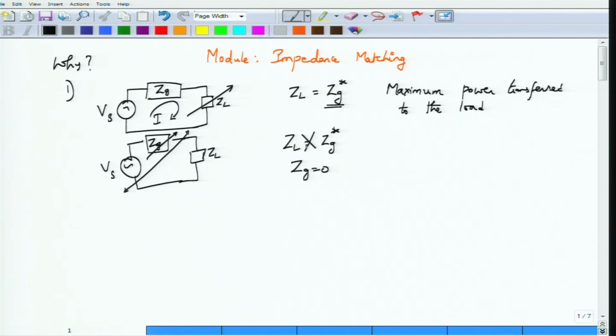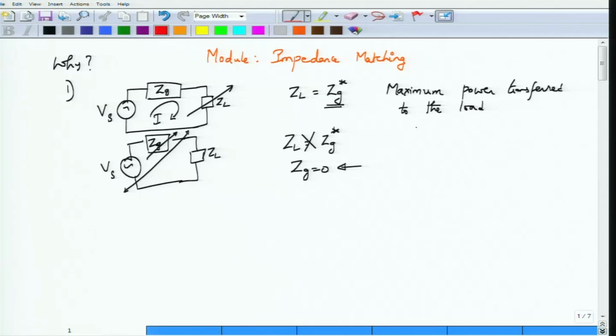So this is not the condition ZL equal to Zg conjugate that would maximize the power transfer to the load, but Zg equal to 0 would actually correspond to the maximum power transfer, because simply there is no drop across Zg. So this aspect of maximum power transfer should be emphasized.